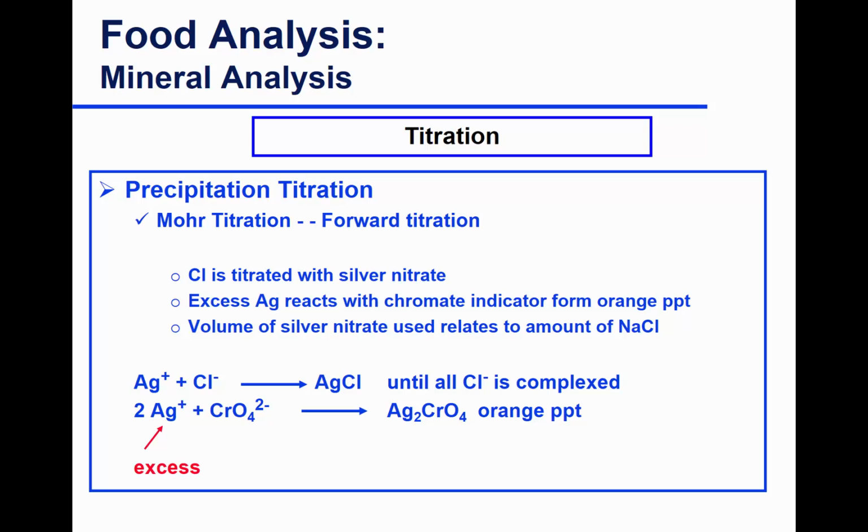When all of the chlorides are bound, the next drop of the silver nitrate will react with your chromate indicator and will give you an orange precipitate, and that would be the end of the titration. So it's a very simple, straightforward titration.